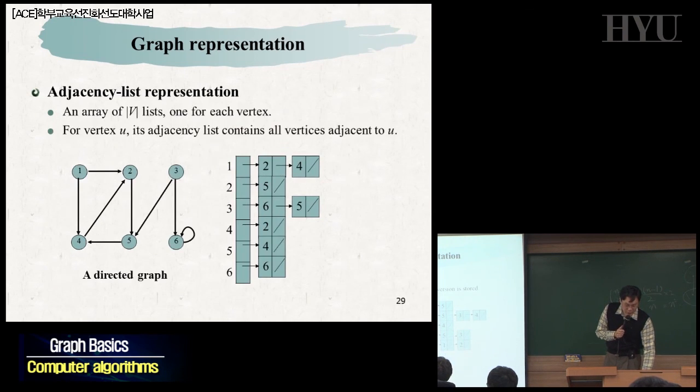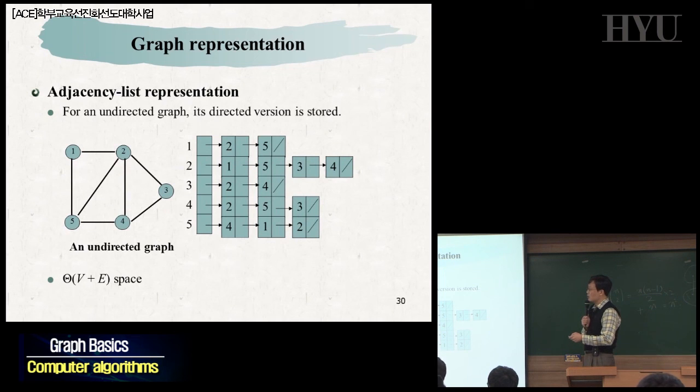Sorry. Okay. So we store 2 in the adjacency list of 1 because it stores this edge in this direction. And considering the reverse direction, an edge from 2 to 1, we store 1 in the adjacency list of 2.